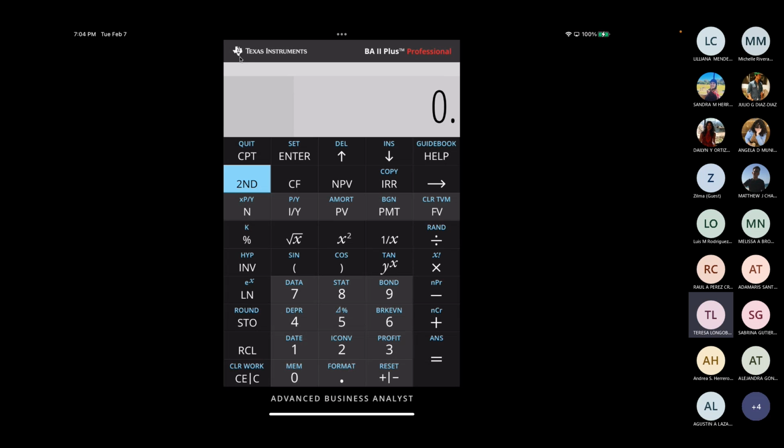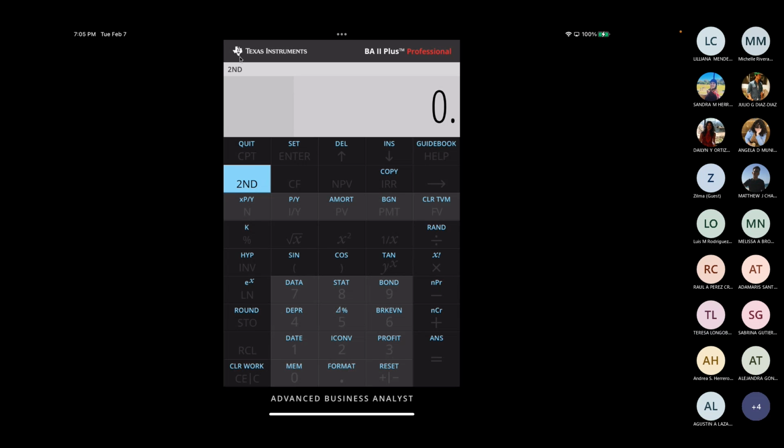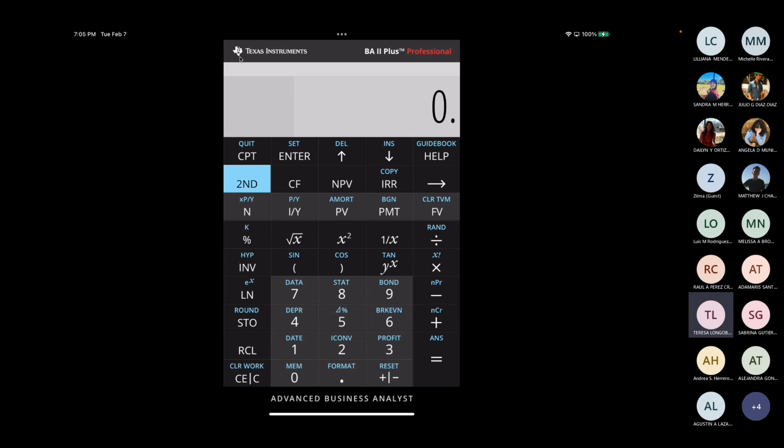And to be sure that it's clear, I need to clear TVM, clear time value of money. Maybe there was something in there, so I want to clear it. So I have to hit the second key and then clear TVM. And then I begin putting the numbers in. The number first, then the key.